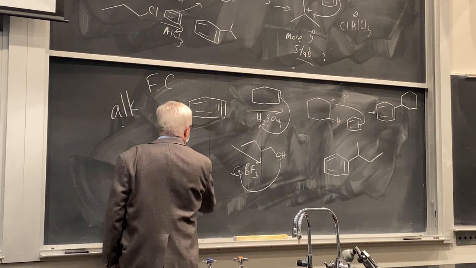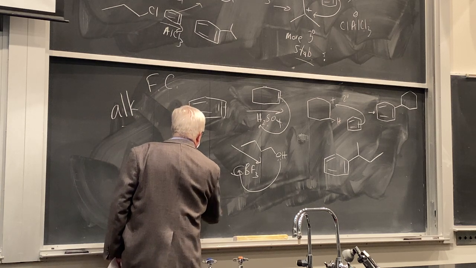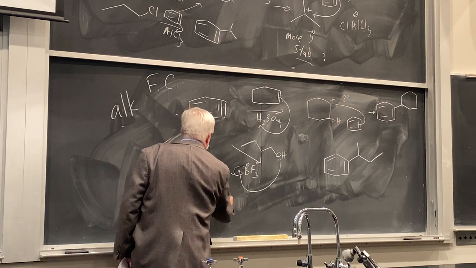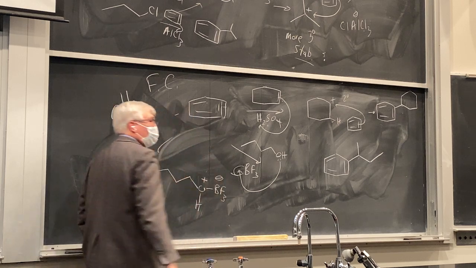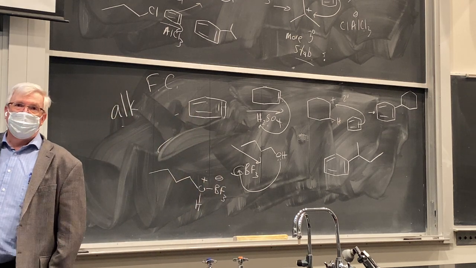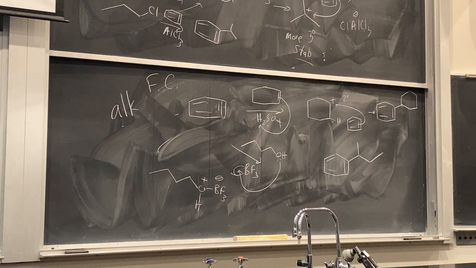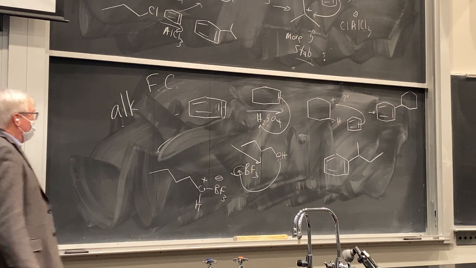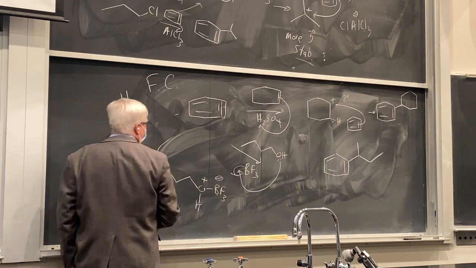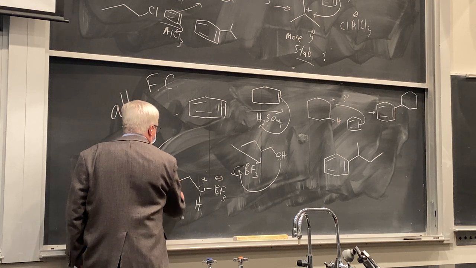What are we going to get? We're going to get a Lewis acid complex, which is what we've been doing with the halides, right? The aluminum and the iron, you go back to halogenation. That looks kind of funny, right? But it's like a hydronium ion. The Lewis acid's like a proton there, right? And then what can occur?